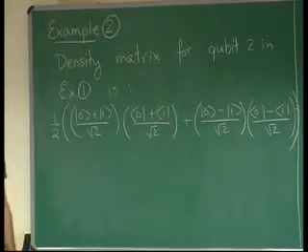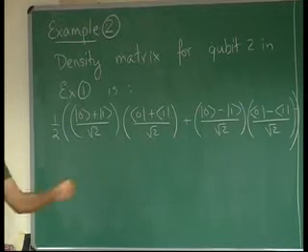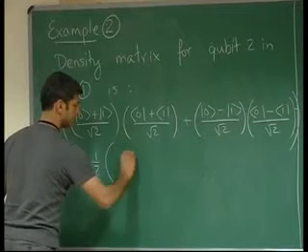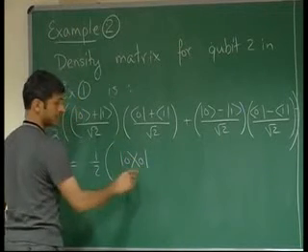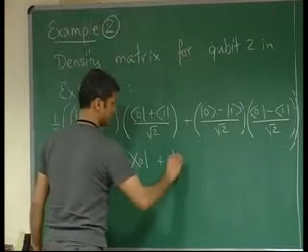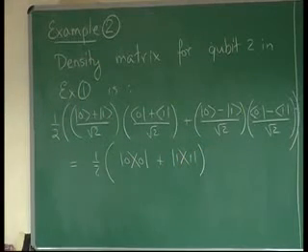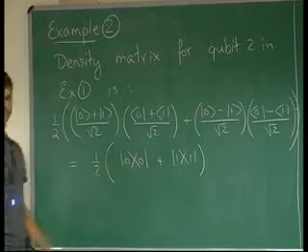Right? And if you do the algebra and you simplify it, what you'll see is that this equals 1/2 outer product of 0 with itself plus 1/2 the outer product of 1 with itself.